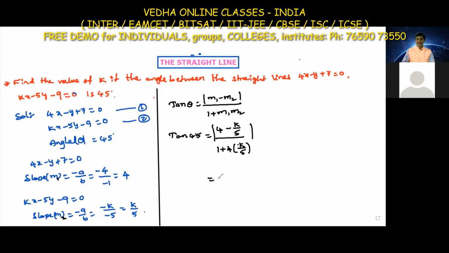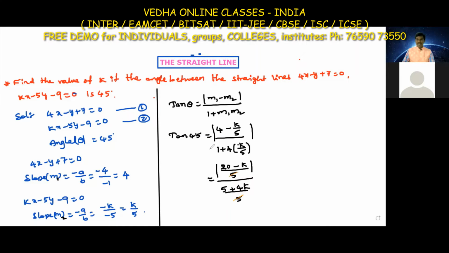Now take the LCM, which is 5. In the numerator, 5 fours are 20, so 20 minus k. In the denominator, also the LCM is 5, 5 ones are 5, plus 4 into k, 4k. We can cancel the 5 and 5.